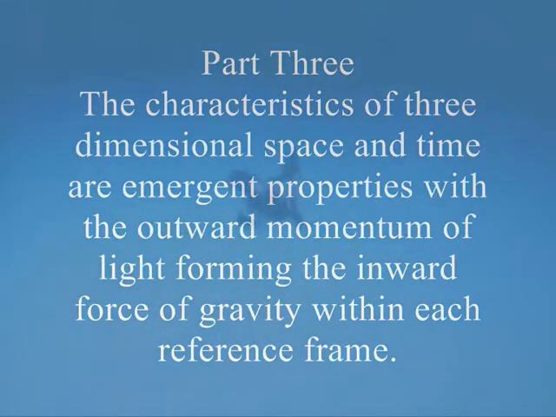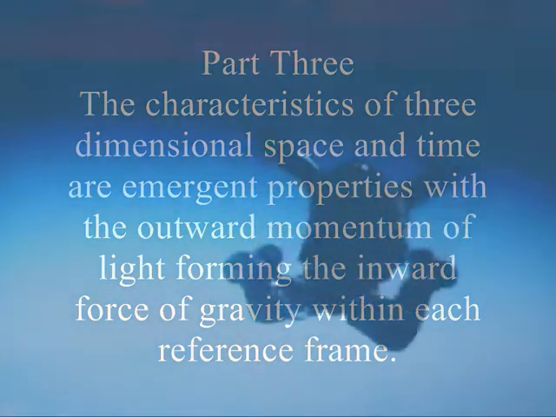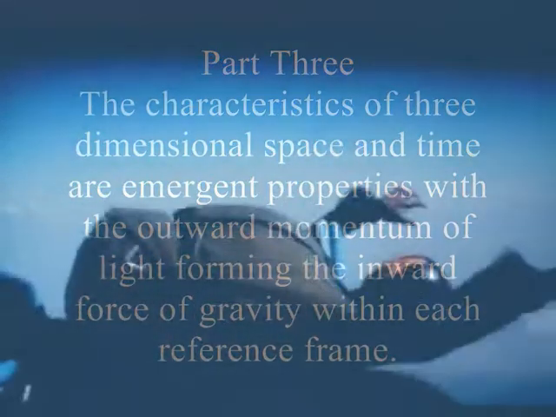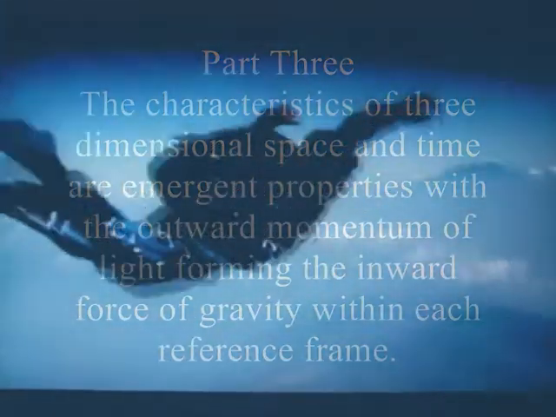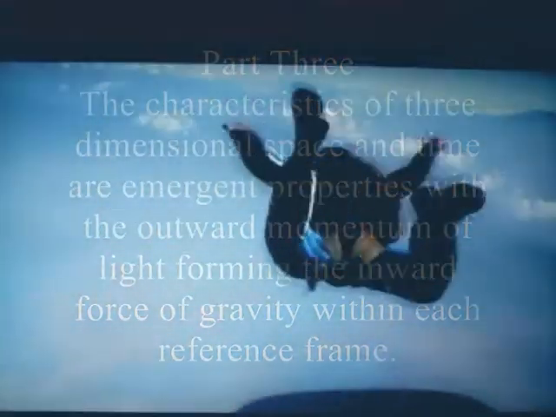In this theory, Newton's apple does not fall to the ground because of the downward force of gravity, but because of the upward momentum of electromagnetic radiation, or light. Gravity is not a real force at all. It is a secondary force to the electromagnetic force.